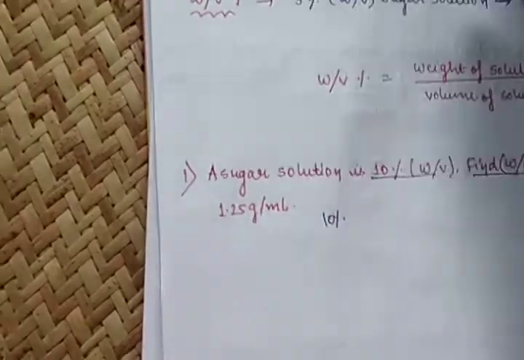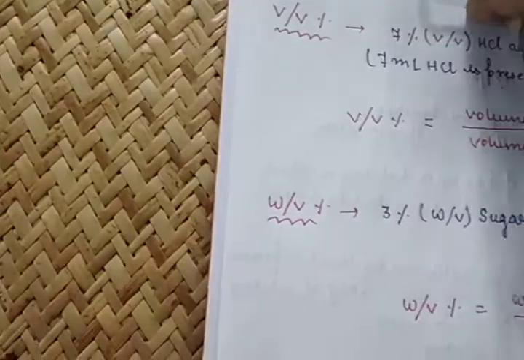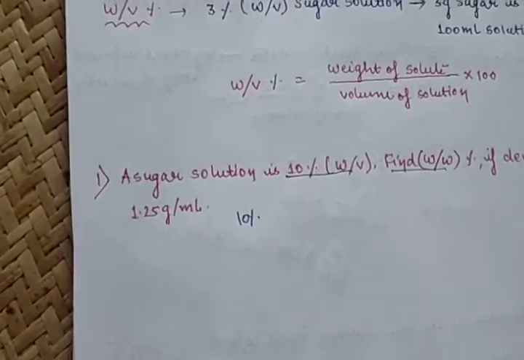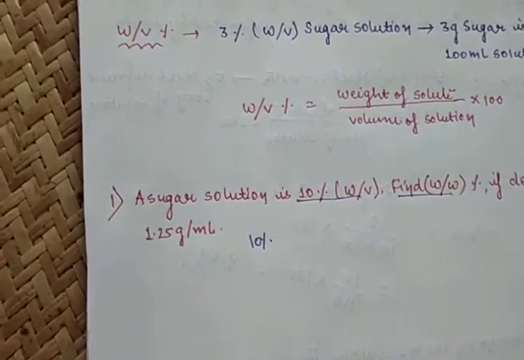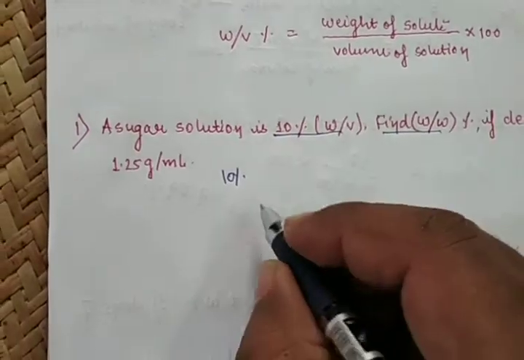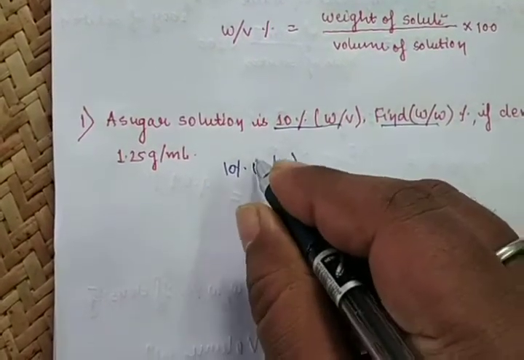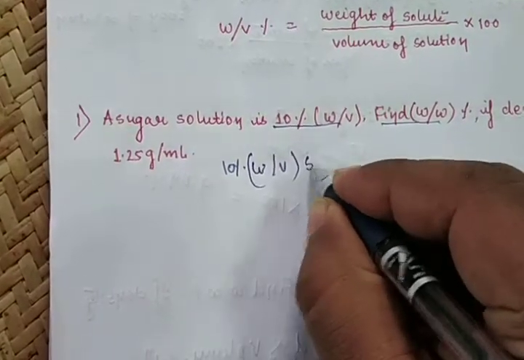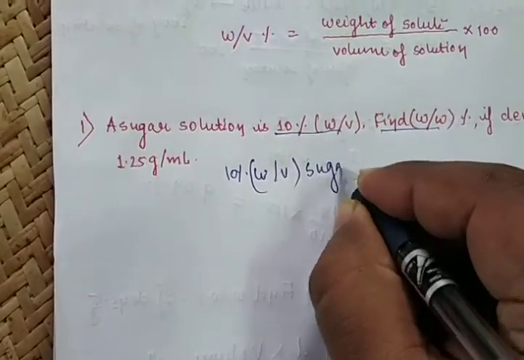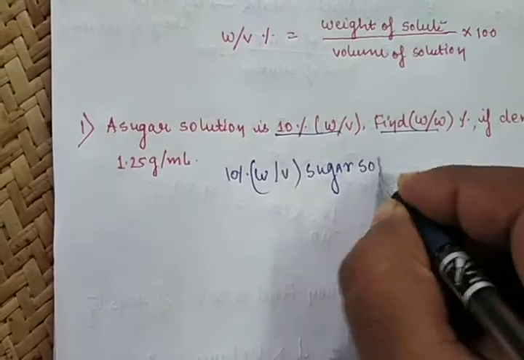Just focus. Okay, 10% W by V sugar solution. So first you write down the meaning.